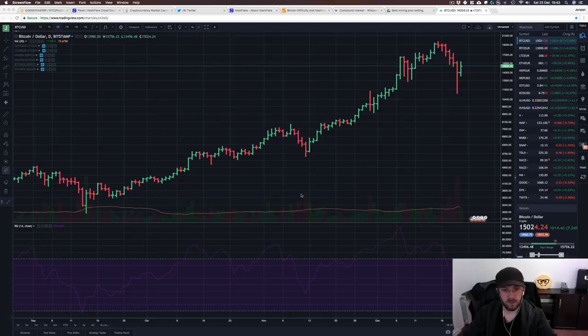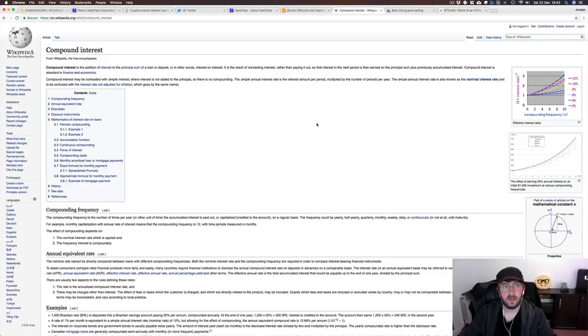One of the strategies we can follow is compounding interest. If you don't know what it is, compound interest is the addition of interest to the principal sum of a loan or deposit, or in other words, interest on interest.